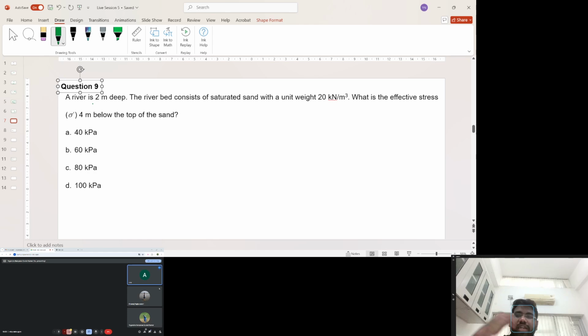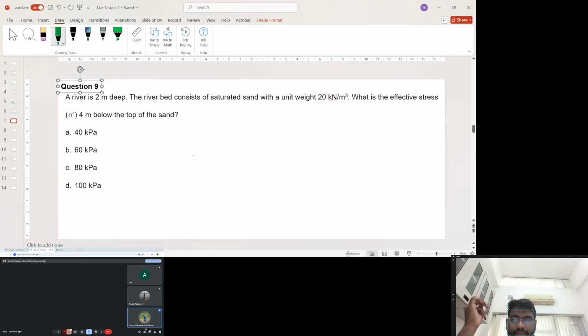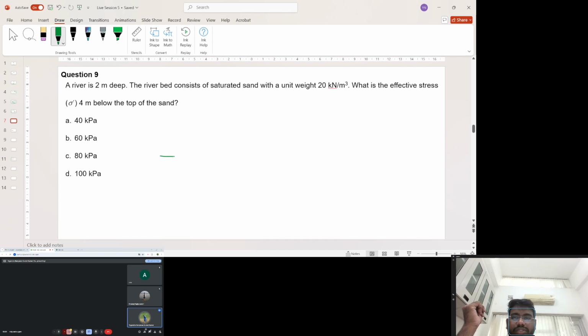Since some undergraduates are here, the first aspect is to draw a figure of it. First draw the ground level, that is the river bed, and the water level.